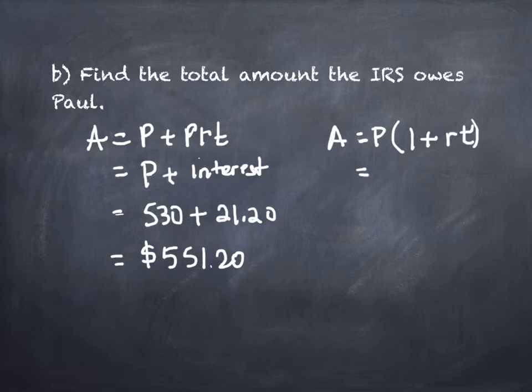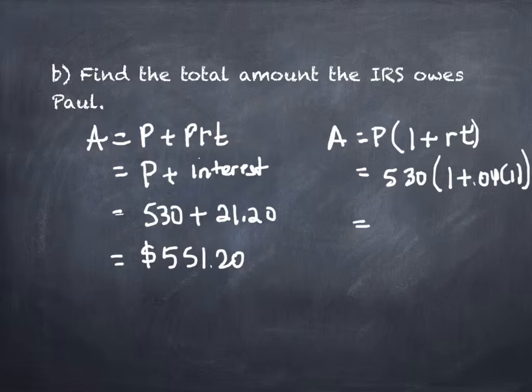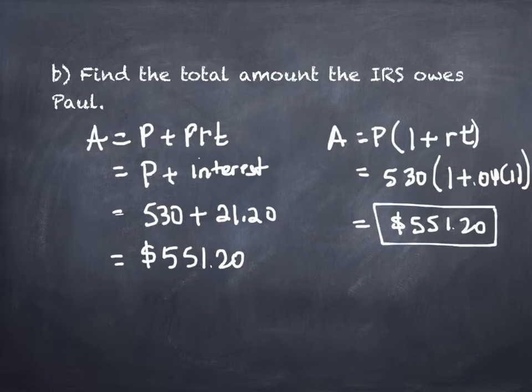My principal is 530, and I would multiply that by 1 plus, my R value is 0.04, and time is 1. And of course, we get the same value, 551.20. I don't care which of these two processes you use, they are identical. They just have to do with whether we multiply or add first. So either way, you're going to get the correct answer, and you can think about it from either perspective.